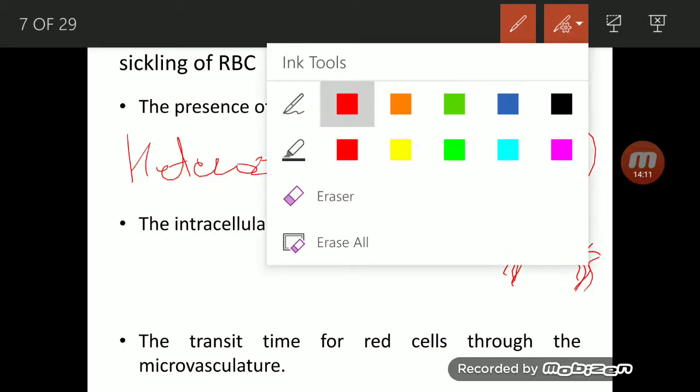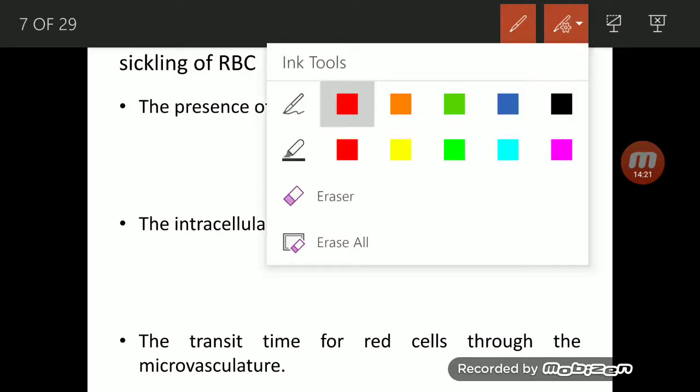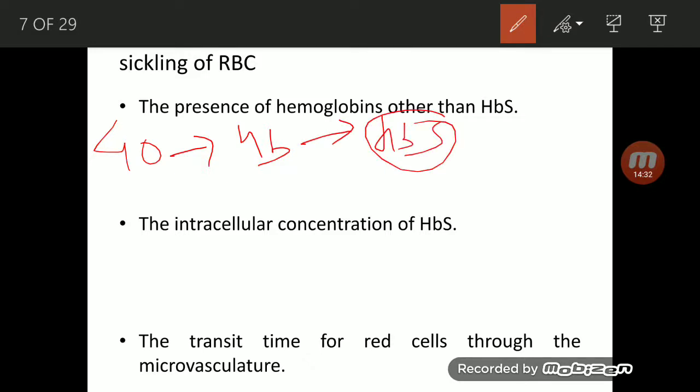Okay, so the presence of hemoglobin other than HbS. Now it has been seen that in case of heterozygotes, 40% of your hemoglobin is sickle cell hemoglobin, whereas the remainder is normal HbA, which is your adult hemoglobin.